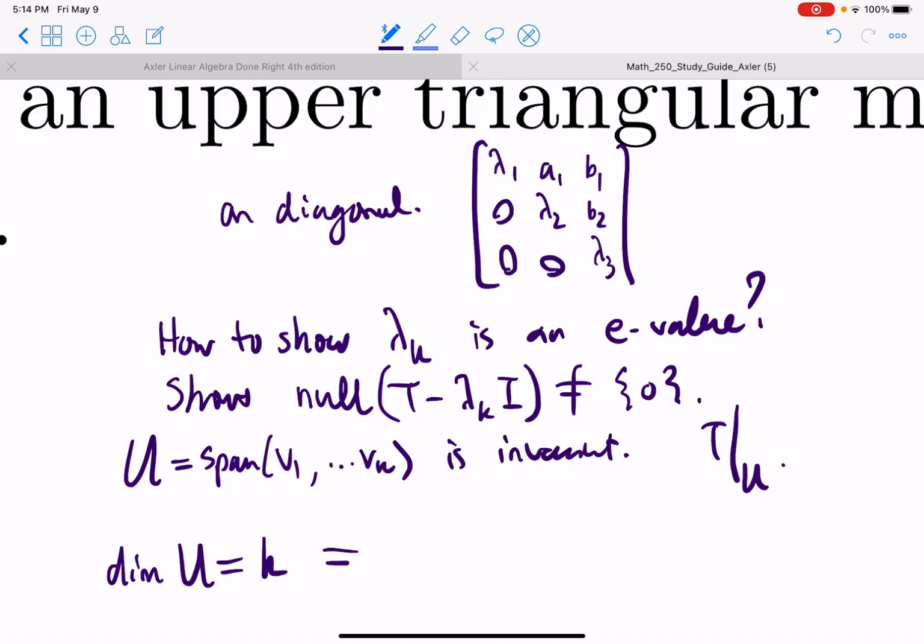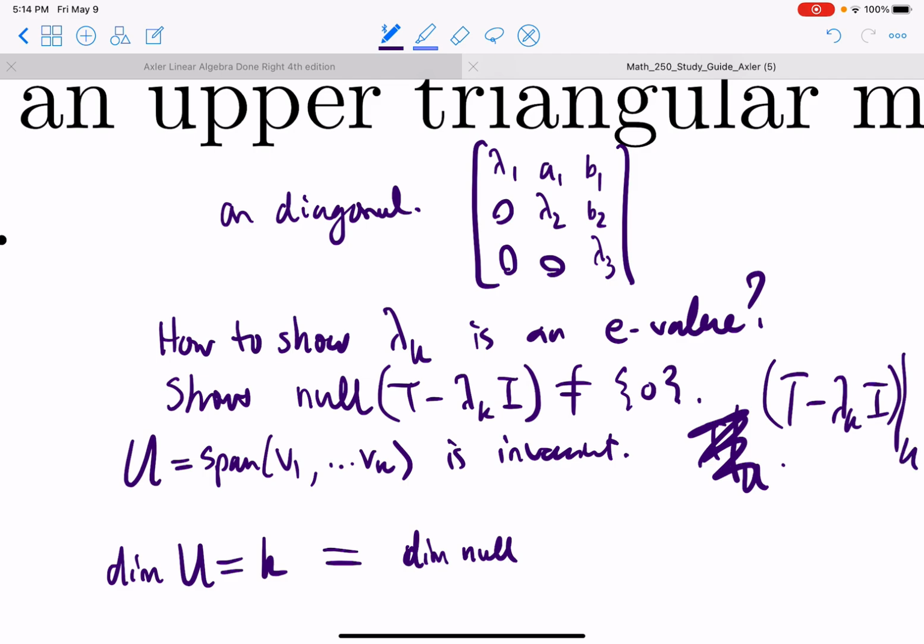But let's not restrict T, let's restrict T minus lambda k times the identity to U. This is true for any operator, so including this one, by rank-nullity, the fundamental theorem, we have the dimension of the range of T minus lambda k I plus the dimension of the null space.